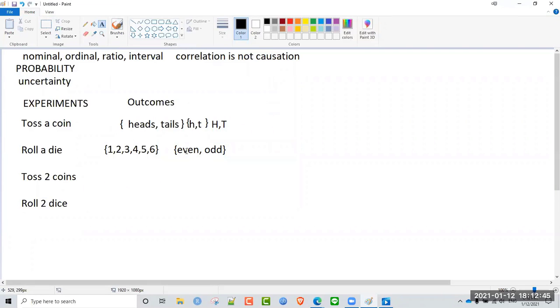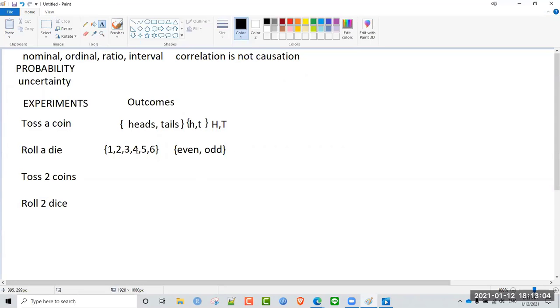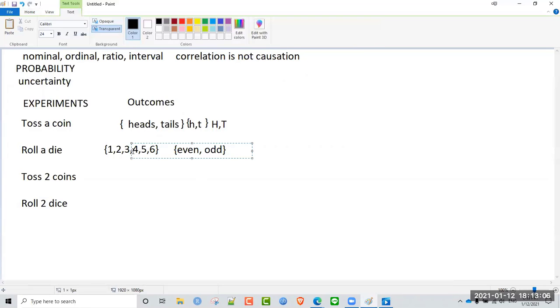You can either get an even or an odd. So that could also be called the outcomes. Let's say those are two different ways to describe the outcome. So sometimes you might use this, and sometimes you might use this.